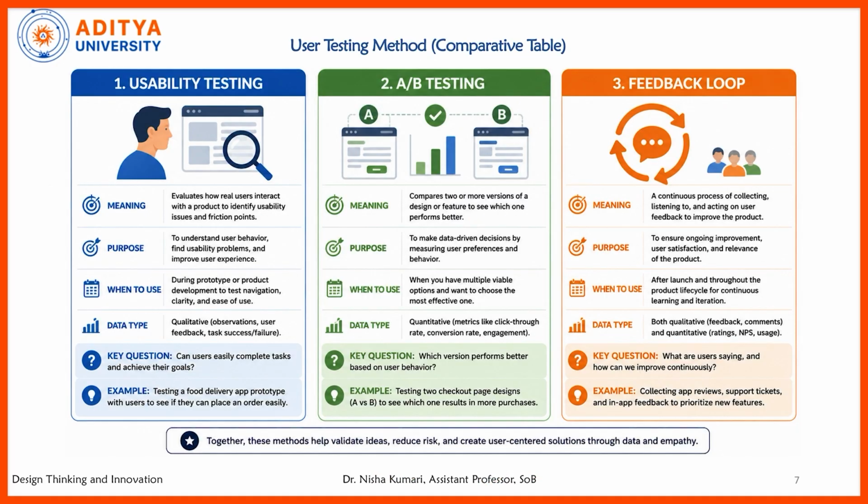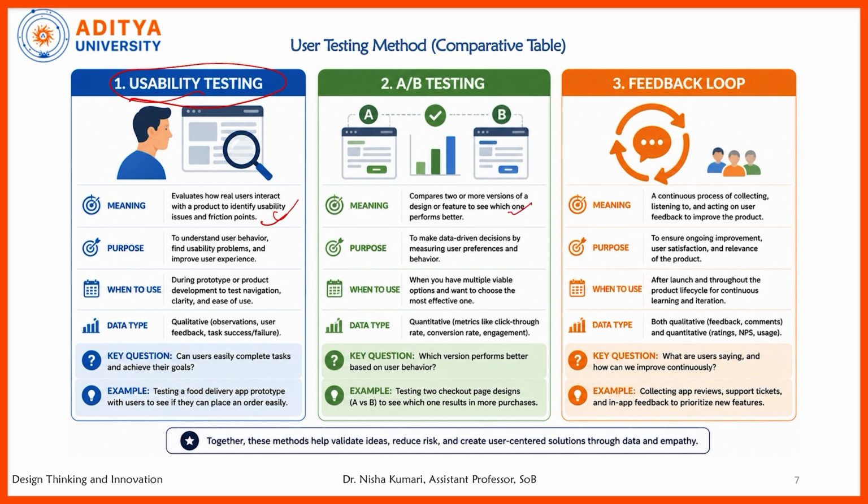If you talk about it wholesomely, usability testing shows how real users interact with the product, to identify usability issues, whether they are facing any complexity, errors or difficulty while using our product or service.